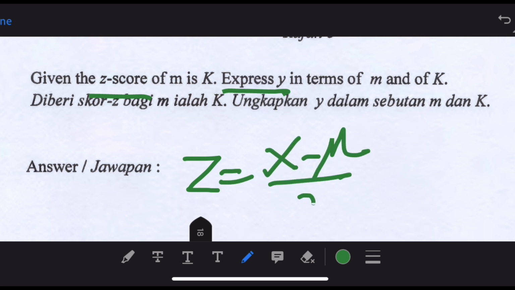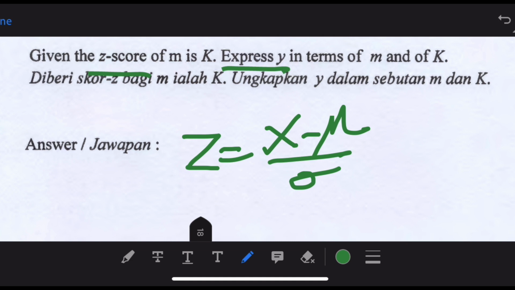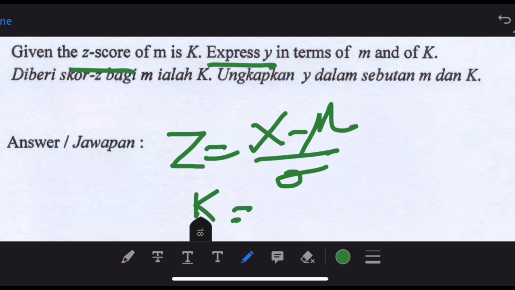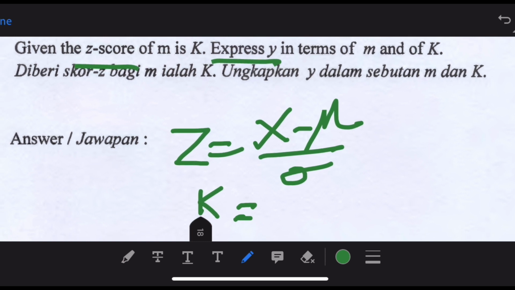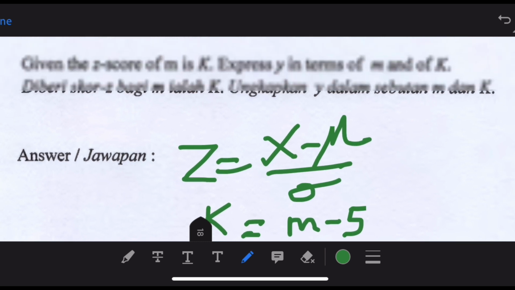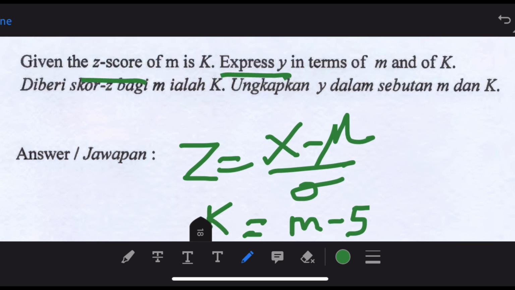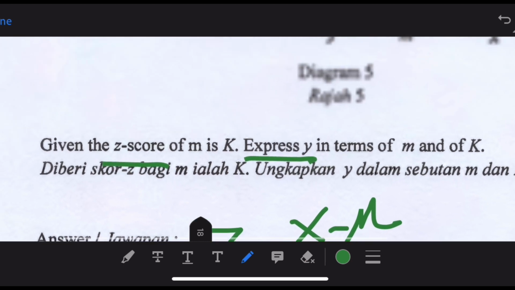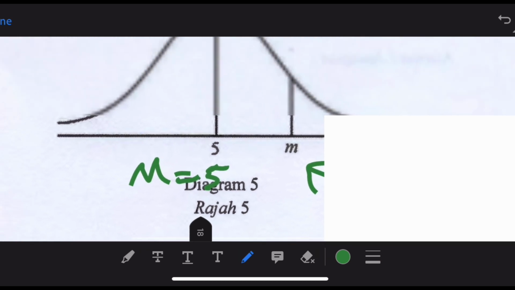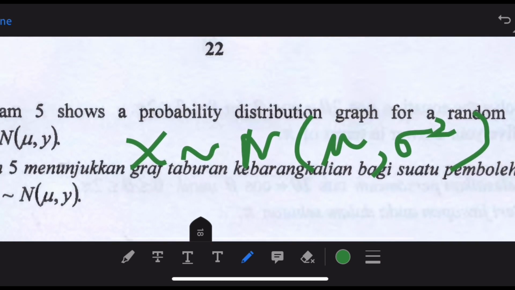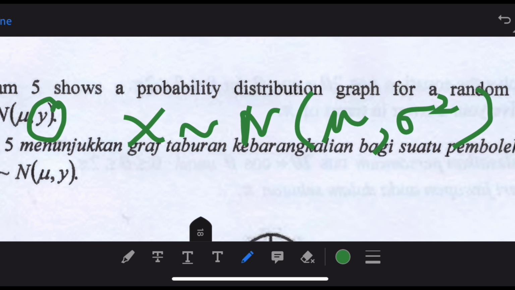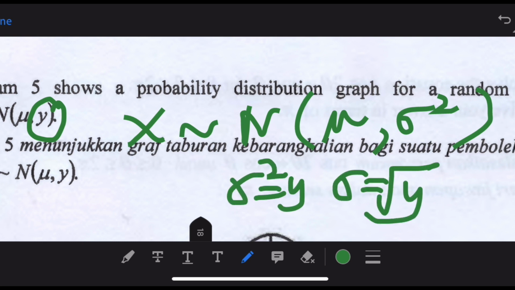So we will write the z score formula. Z equal to x minus mean over standard deviation, and then we'll substitute all the information from the question. So our z score is k, and then our x is m, and the mean was given 5, and the standard deviation, that was variance, so it should be square root of y, right?